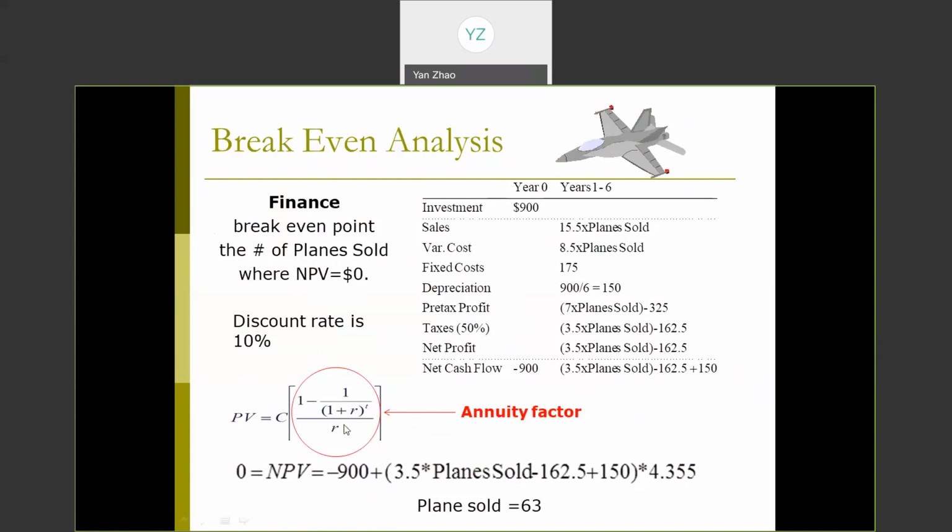So we plug in those two numbers, you will get 4.355. You need to sell at least 63 airplanes to make the financial break-even point. It means if you cannot sell more than 63 airplanes, your net present value is going to be a negative number, and you should never even consider the project.